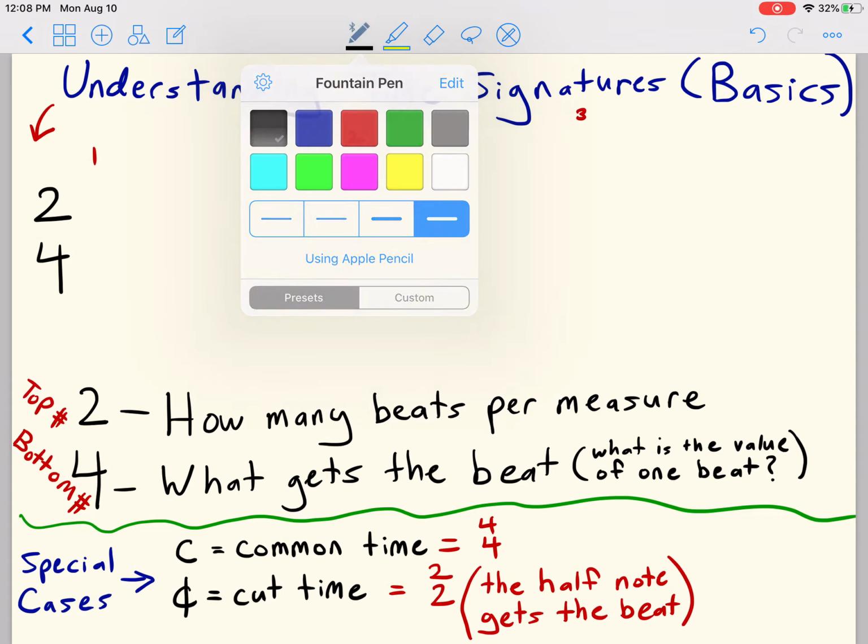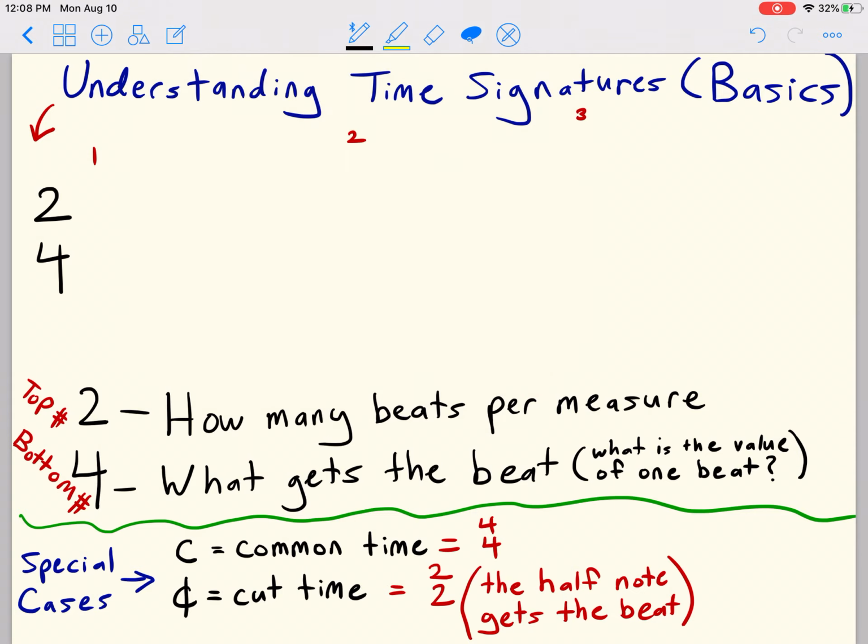If we're in 2/4 time, we know that there are going to be 2 quarter notes in each measure. So what we can have here at the bottom, as an example, would be 2 quarter notes. And in measure 2, I may put a half note. That would be a full measure in itself, because a half note has 2 beats. I'll go ahead and write in the counts in just a moment.